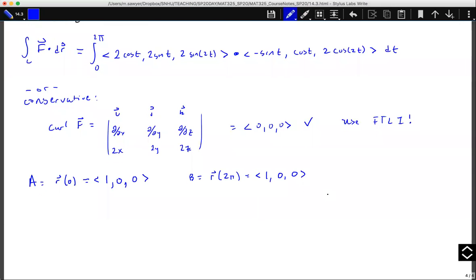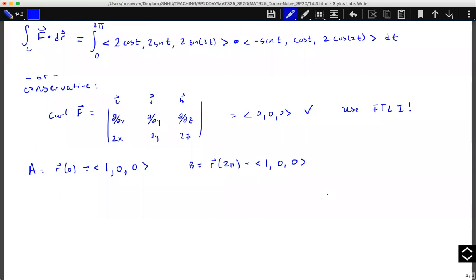So again, we start and we stop at the same place. So for a potential function phi, phi of B minus phi of A equals 0, since we start and stop at the same place.